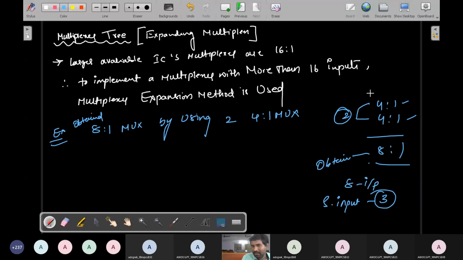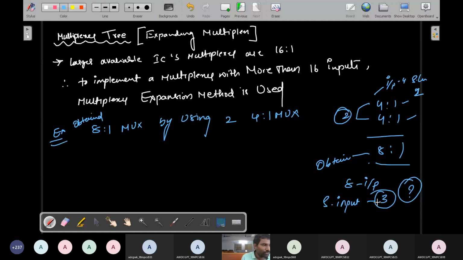But here, these are two 4:1 multiplexers. We are giving only 4 inputs to each. The selecting lines are only 2. So we are using 2 selecting lines here, but in 8:1 I am using 3 selecting lines. So what about the third selecting line?